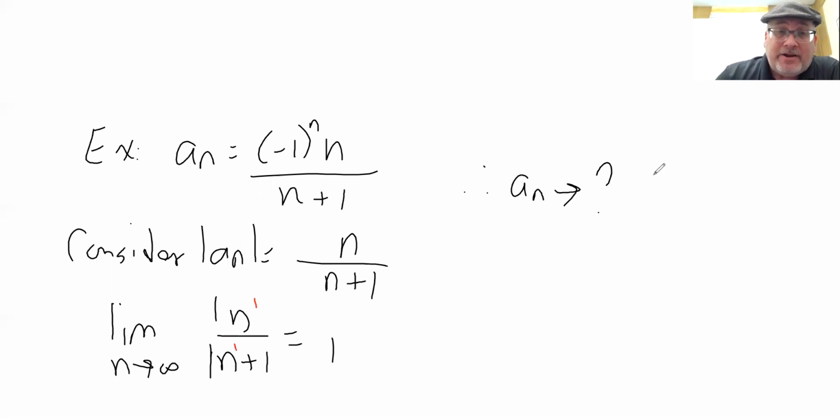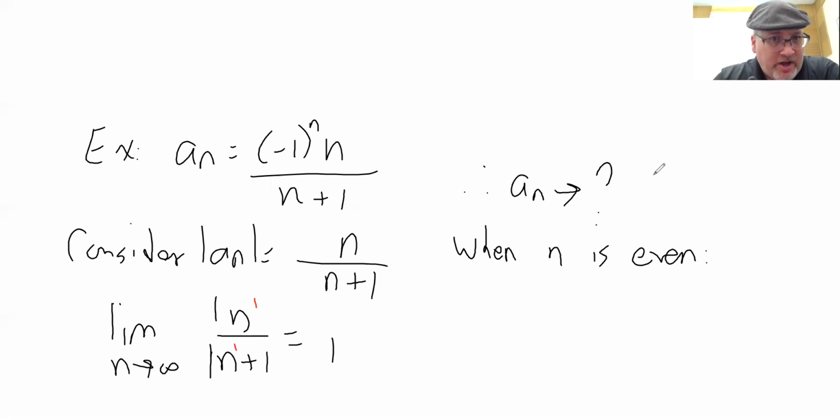Because if you think about it, we can play the subsequence game. Think about this. When n is even, then the -1 to the nth power is 1, so it disappears. And so we're just looking at n over n plus 1, and that subsequence would approach 1.